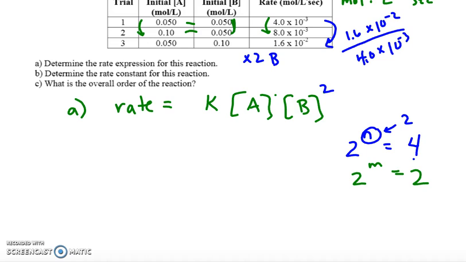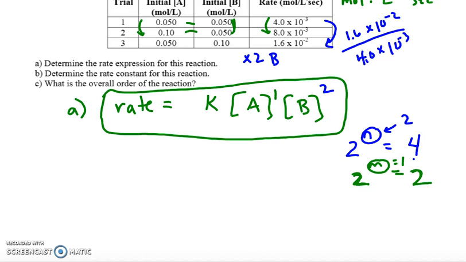So if doubling the concentration of A increases the reaction rate by a factor of 2, then this exponent has to be equal to 1, right? So we say that reactant A is first order, because it's not going to have an exponential effect on the rate. So what you have just done is written the rate law expression for this reaction.